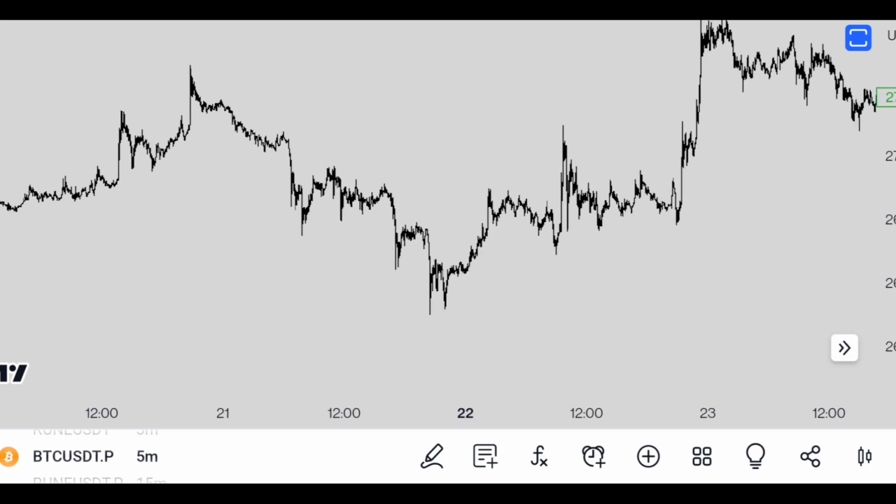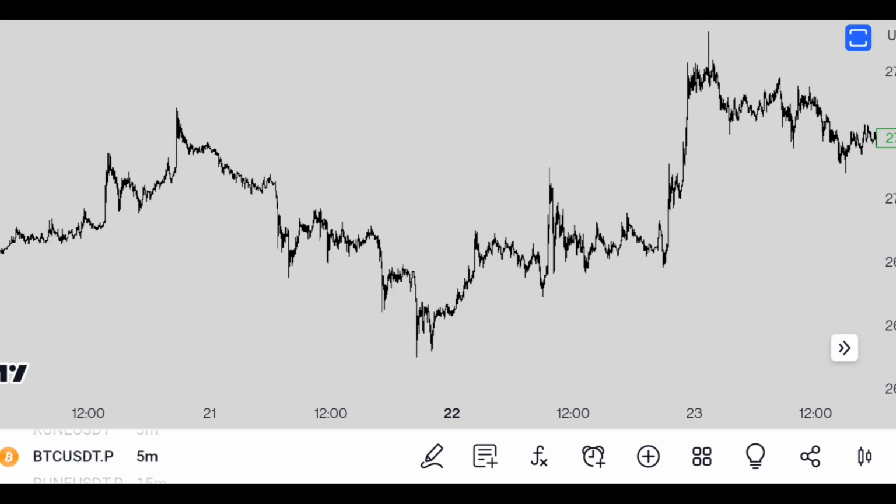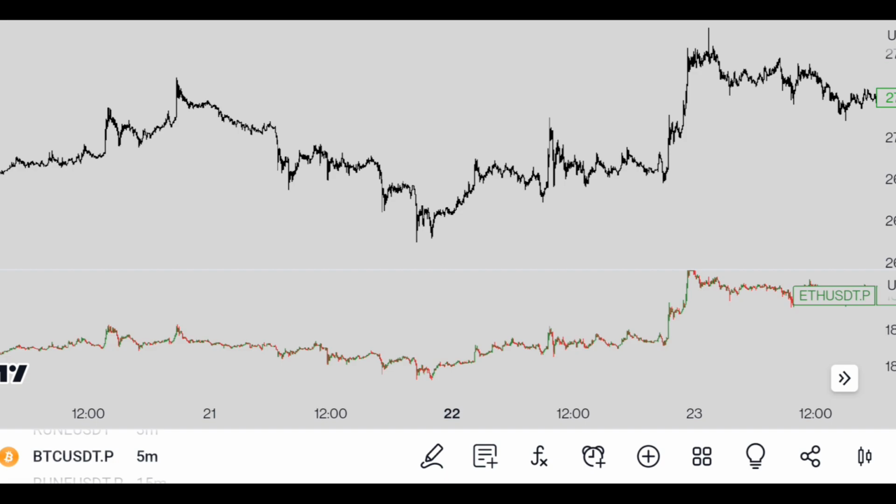And the strategy we will be using is SMT divergences. Okay, you can use it on anything like Forex or Bitcoin, or you can use it on indices. Binance also has binary options trading. So I will be discussing Bitcoin here, and I will be comparing it to the Ethereum chart. If you are using Nifty, you can compare it to Bank Nifty, or if you are using ES, you can compare it with Nasdaq.